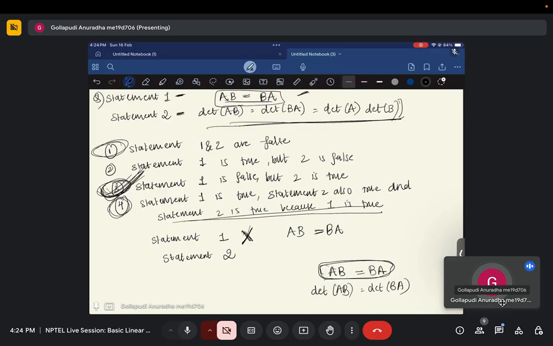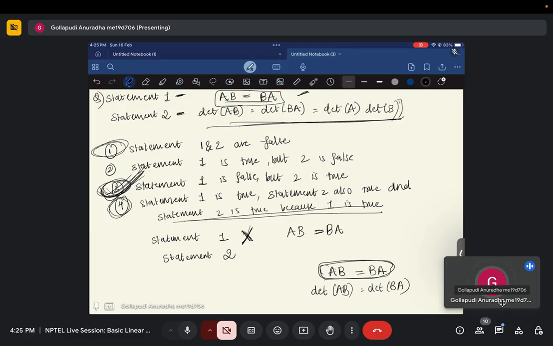The conclusion I am trying to say is that matrix multiplication is not commutative. Considering all types of matrices, sometimes AB might be possible but BA might not be possible at all for some rectangular matrices. So AB is not equal to BA in general.